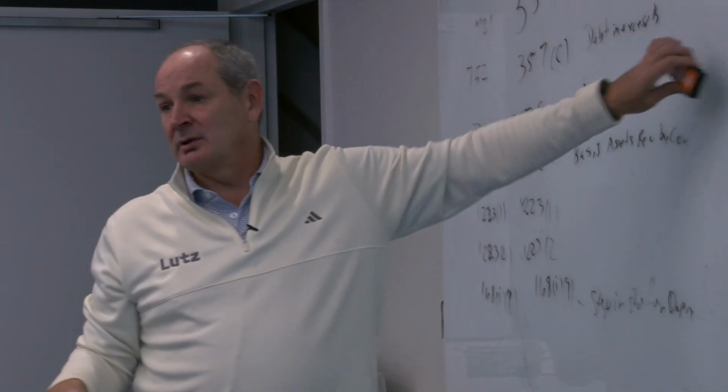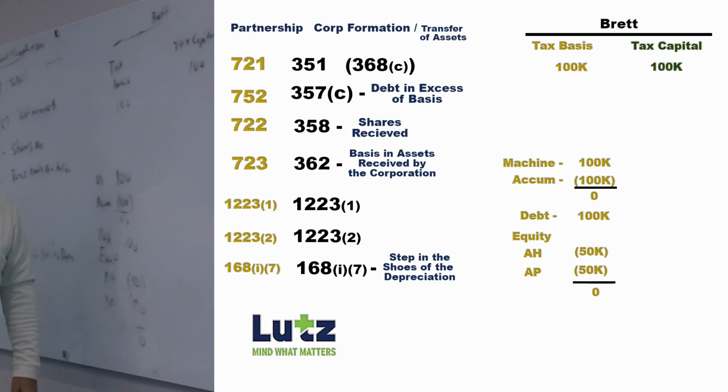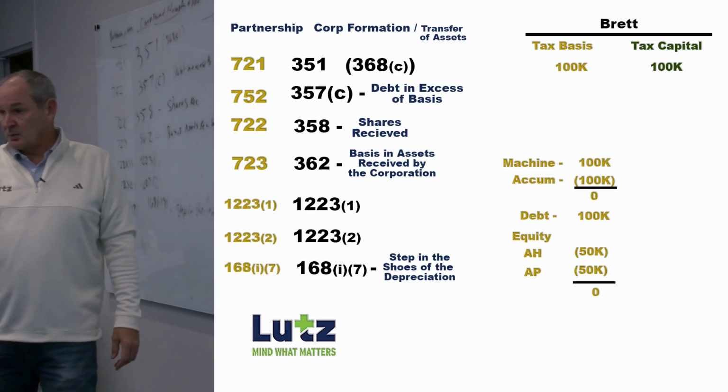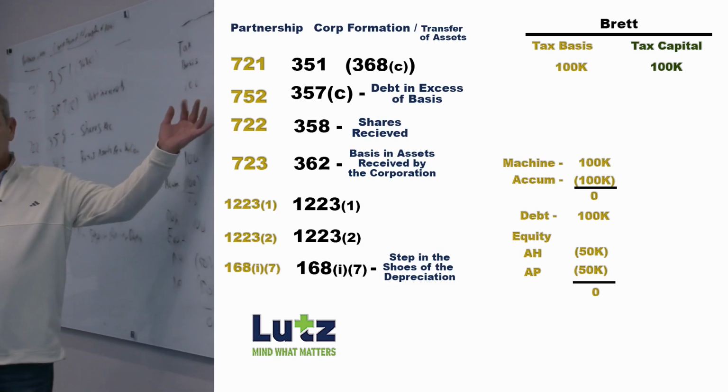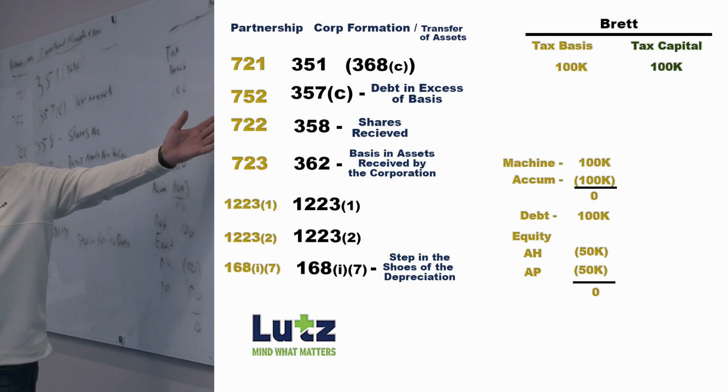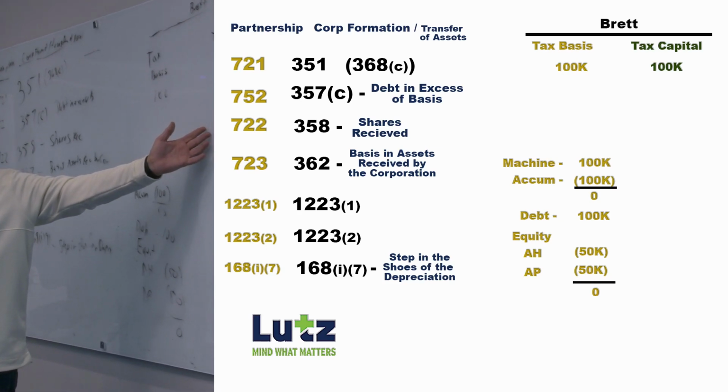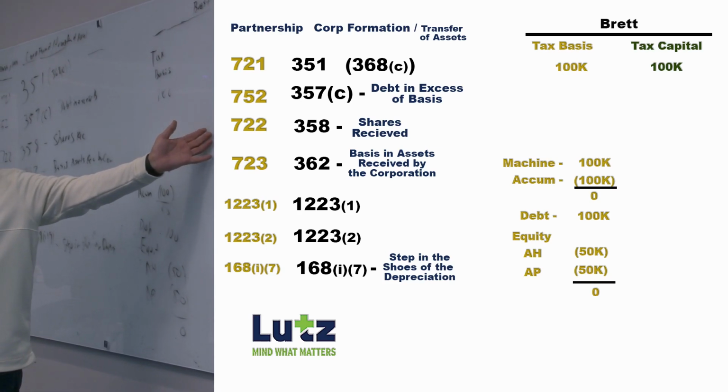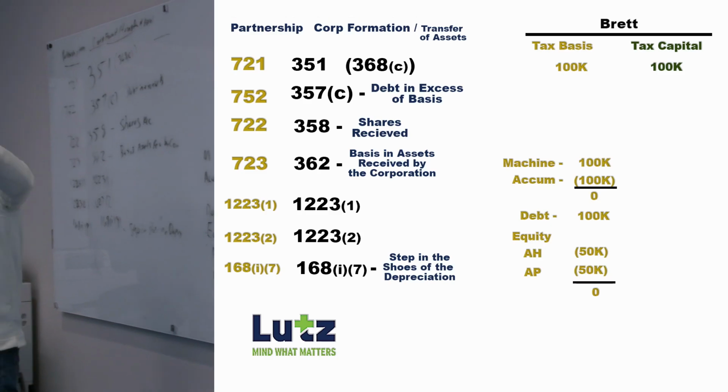And what Adam is saying is we should do this right to make sure that when the gain accelerates, the tax capital, because Aaron is saying, screw it, then I'm going to make tax capital 100. And as I depreciate down that property, it's going to reduce both tax basis and capital, assuming a 743(b) adjustment or 743 adjustments made available because of the 754 election. Is that what you're saying, Aaron?